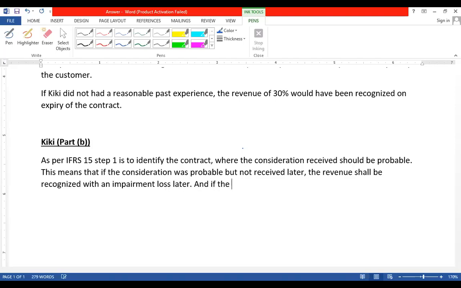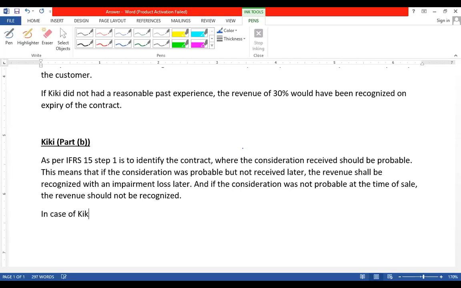And if the consideration was not probable at the time of sale, the revenue should not be recognized.